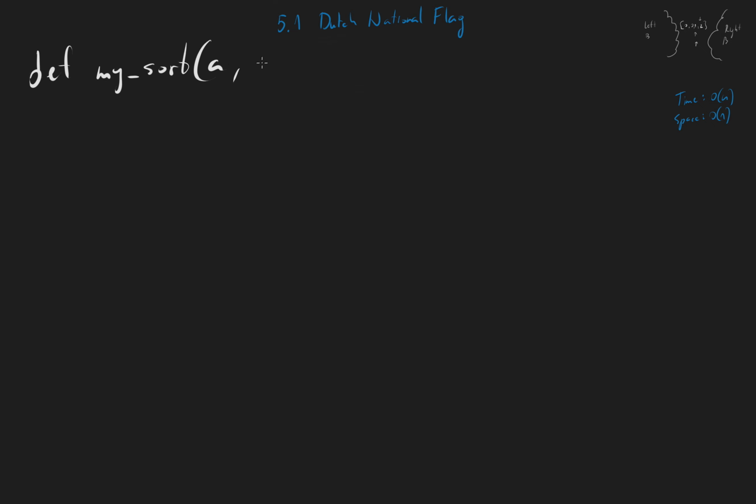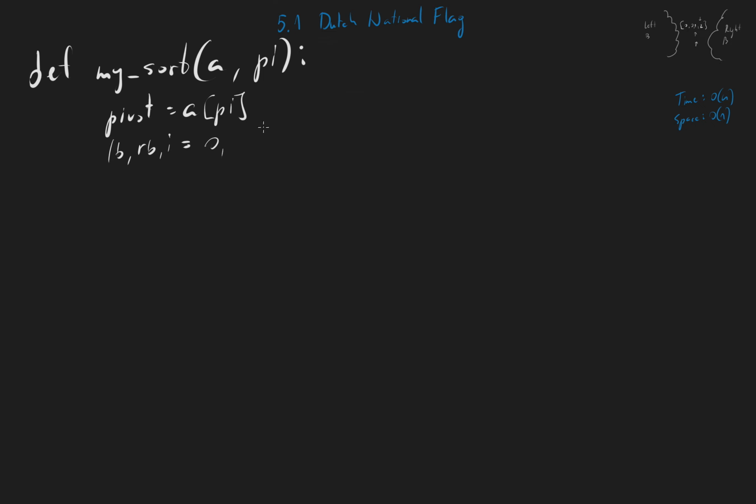So we have an array and a pivot index. We can store our pivot. We need to initialize few variables. So we have left boundary, we have right boundary, and we have I as runner. Left boundary is 0.